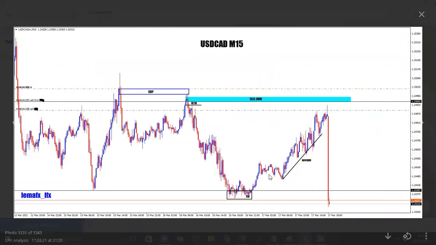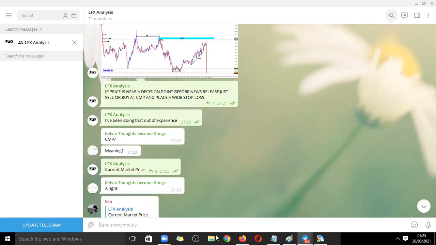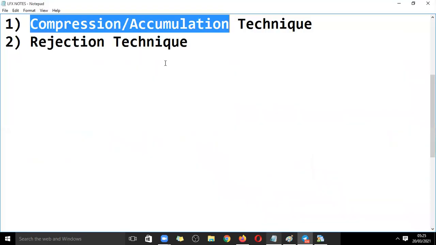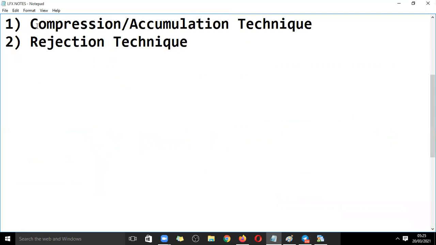So you can see price accumulated. So as soon as the event got released, the market just reversed immediately. So I think I have explained the compression stroke accumulation technique elaborately. It's a very powerful technique. So maybe just a tip I can share on it.